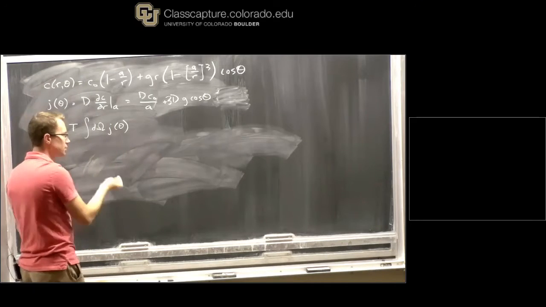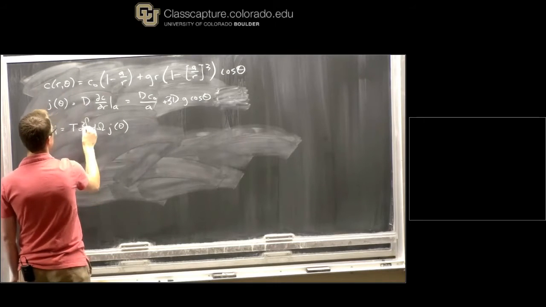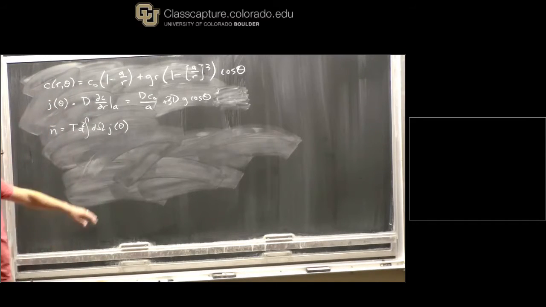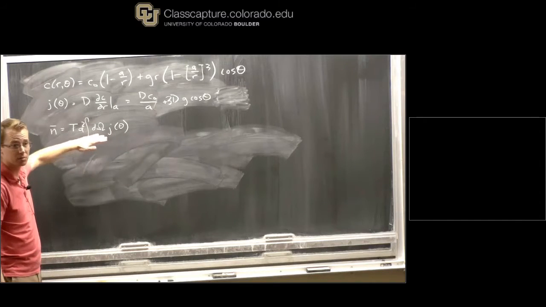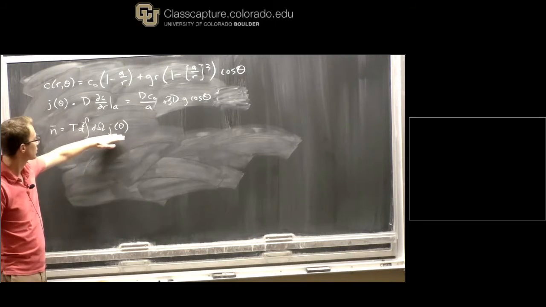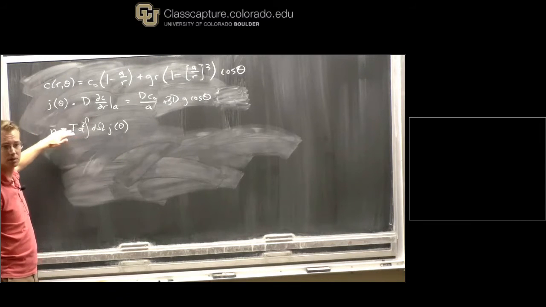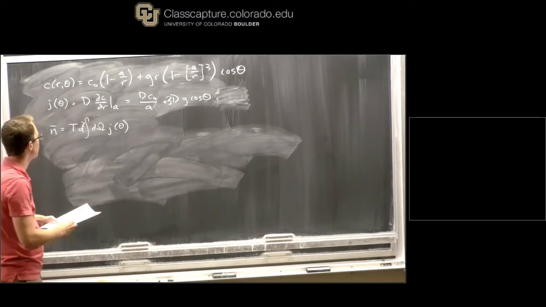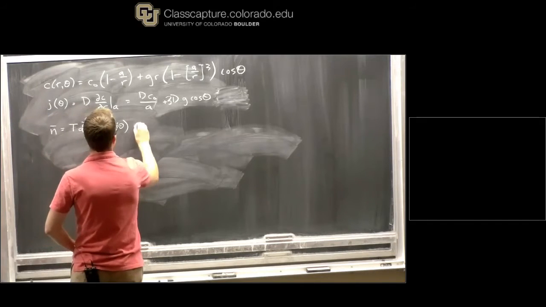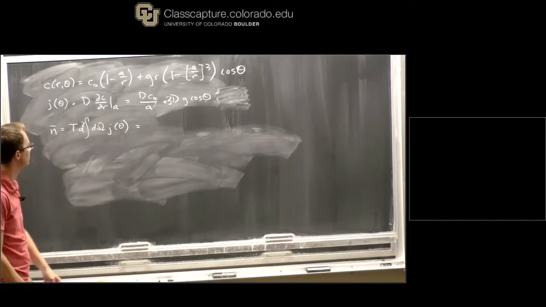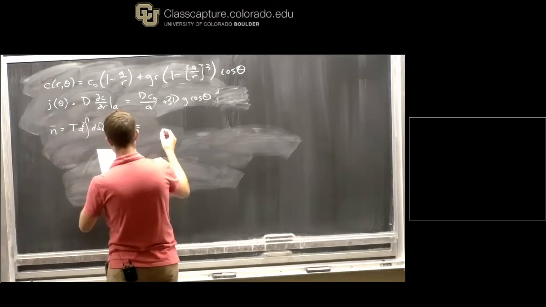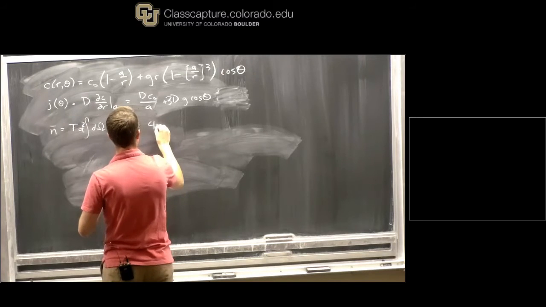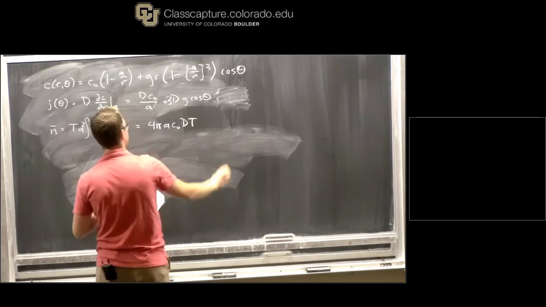But it's on the surface of a shell of area A, so I can put the a squared here. If this were independent of theta, my integral over the solid angle would give me my 4 pi, and this would be like multiplying the flux by 4 pi a squared by t. So if you do that, you find that the cosine integrates to 0. This does not. And what you get is 4 pi a c naught D t.